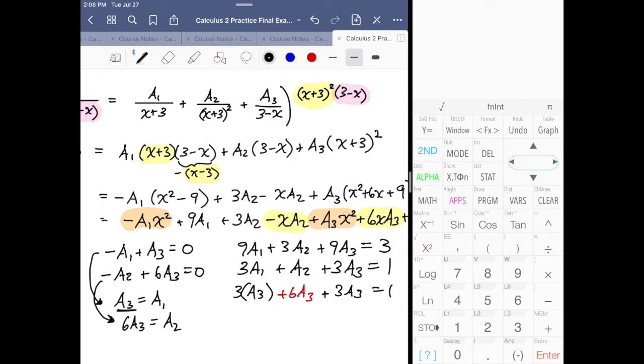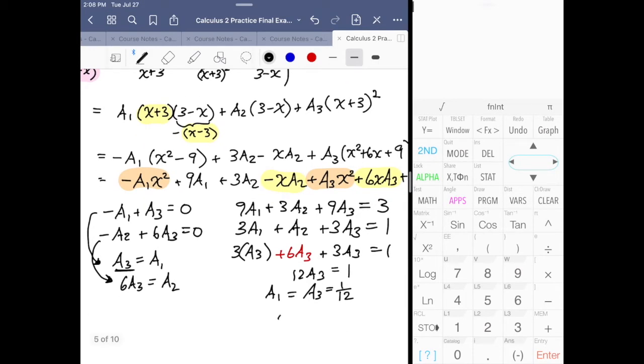So 3, 6, 12. A sub 3 is equal to 1, which means a sub 3 is equal to 1/12. Which means a sub 1 is also equal to 1/12. A sub 2 is 6 times a sub 3, so 6 times 1/12, 6/12, or 1/2.